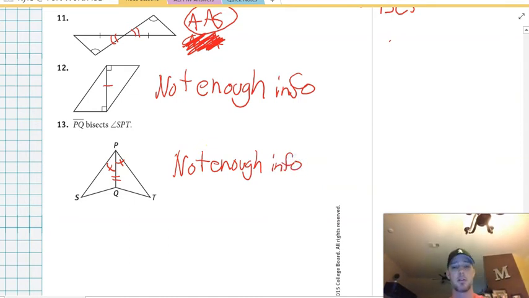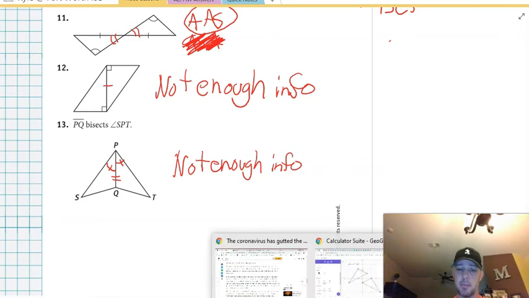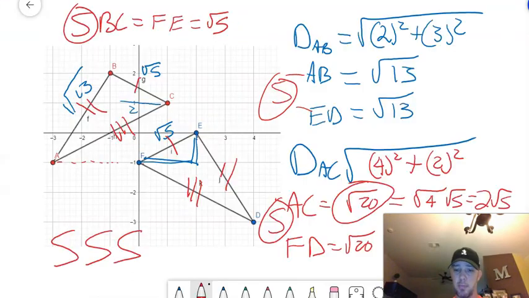All right. So at this point, hopefully you have a list somewhere of the triangle congruency criteria that do work and the ones that don't work for proving congruency. I'm going to jump to this page here. Nope, not this page.